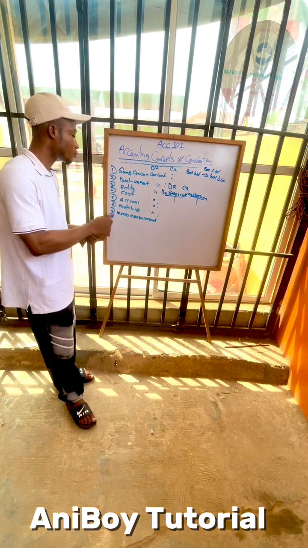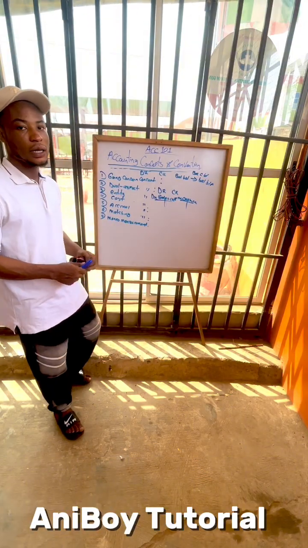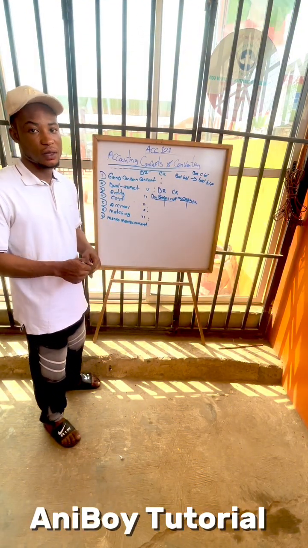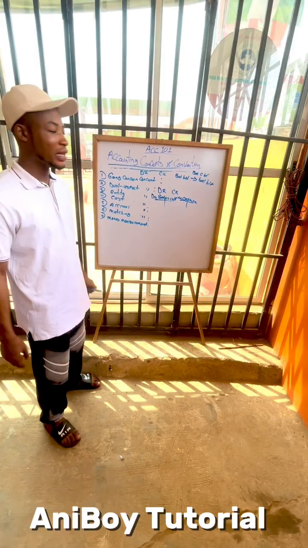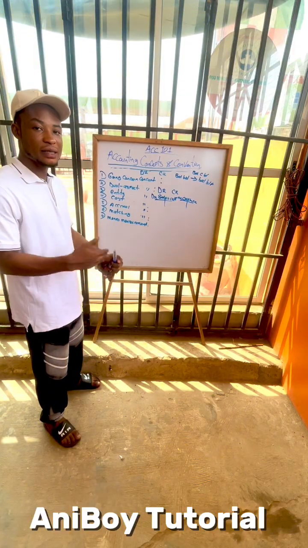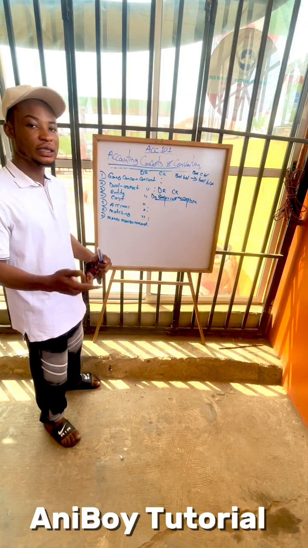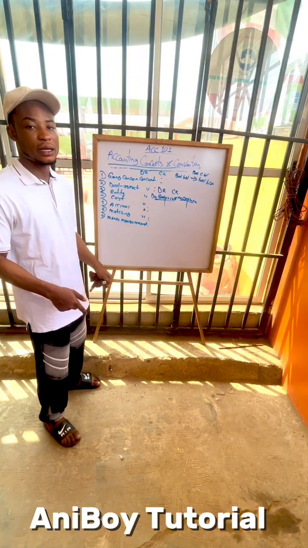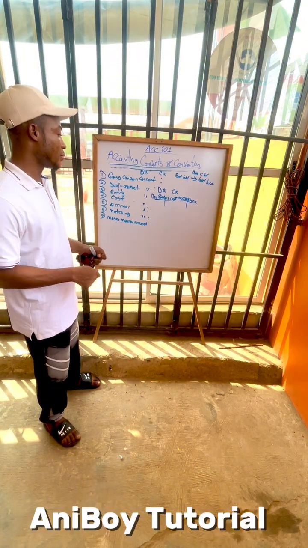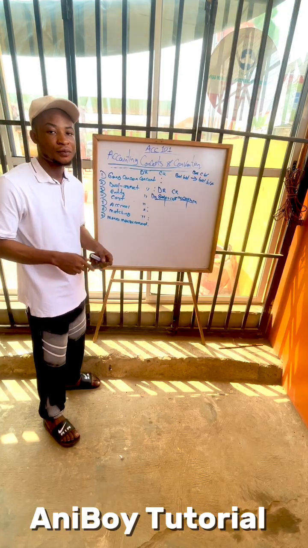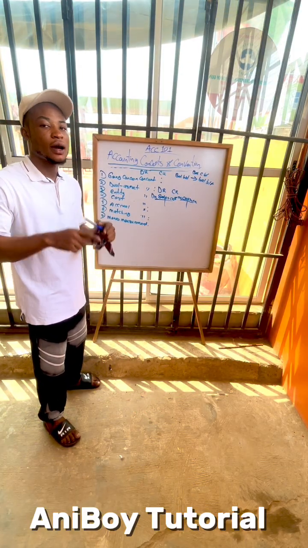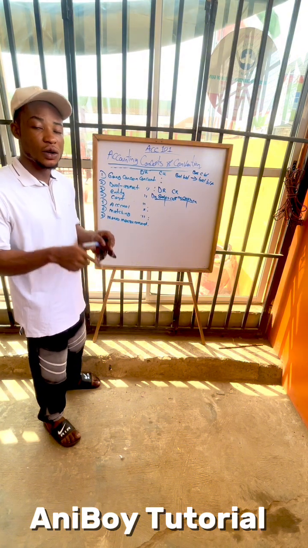Alright, so proceeding to cost concepts. Now, cost concept, this is also called historical cost concept. What this concept is saying is that when a company is recording the value of its assets, it should be stated at the original or cost price rather than the current or market price.